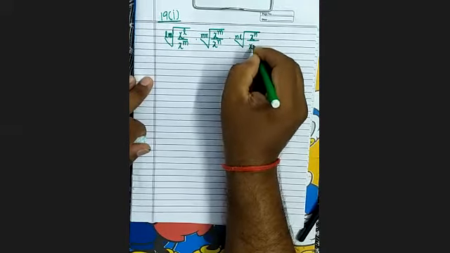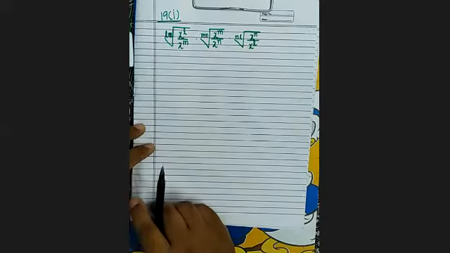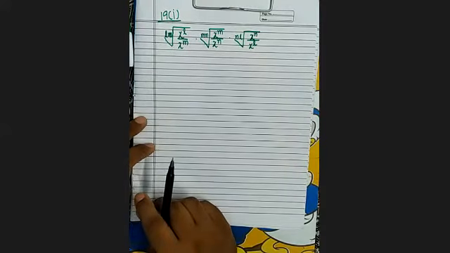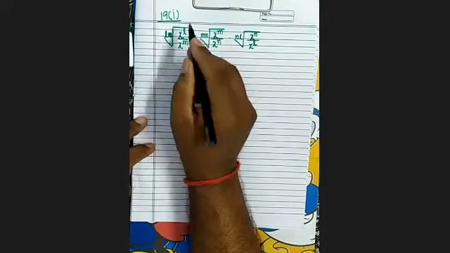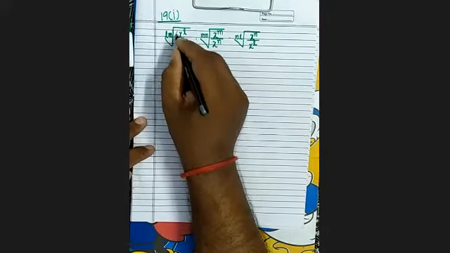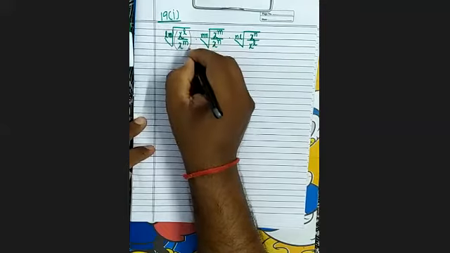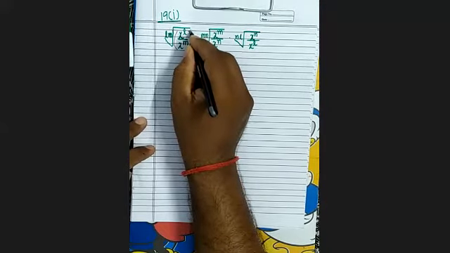Now, as you know, when you remove the order of surd, it will go in the denominator of the existing power, and of which term? The term inside the surd. So you can see here, inside the surd, what is its power? It is 1.